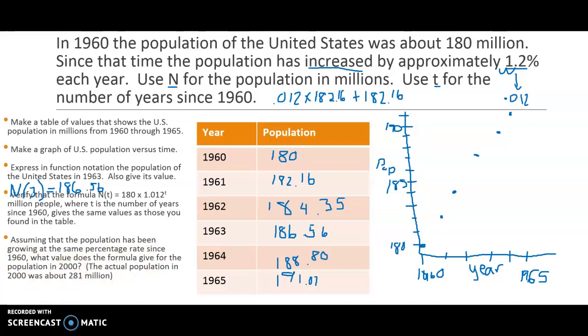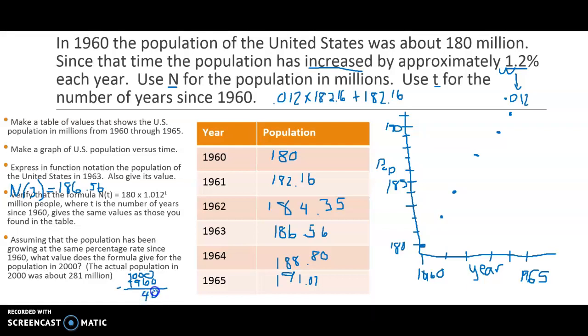So what I want to do is to figure out how many years apart are 1960 and 2000. So I would take the year 2000, subtract 1960, and that's going to give me 40 years.